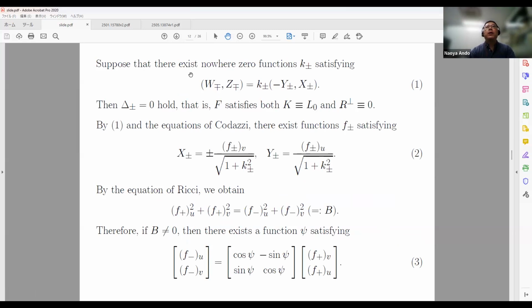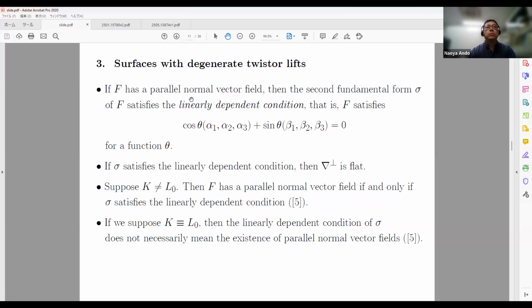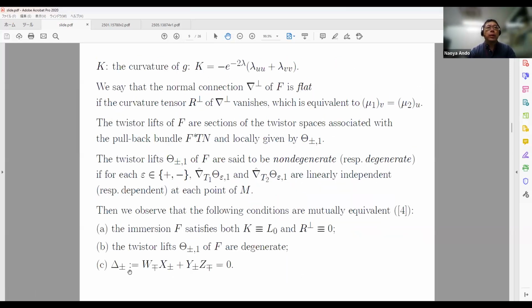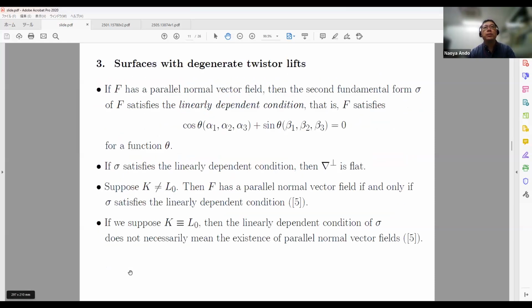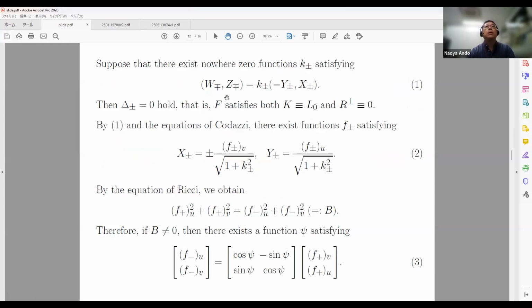Suppose that there exist nowhere zero functions small k plus minus satisfying these relations. Then, noticing the definitions of delta plus minus, if we suppose these relations, then delta plus minus vanish. So F satisfies these two relations.